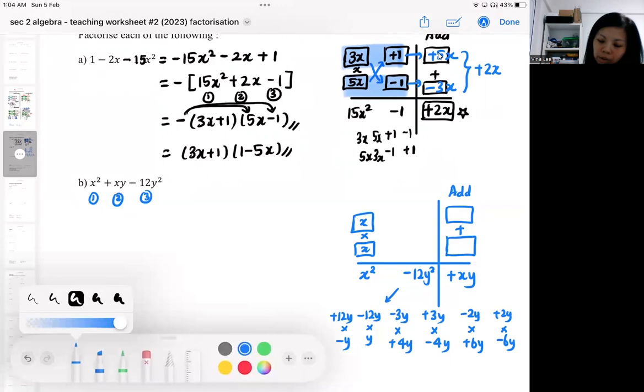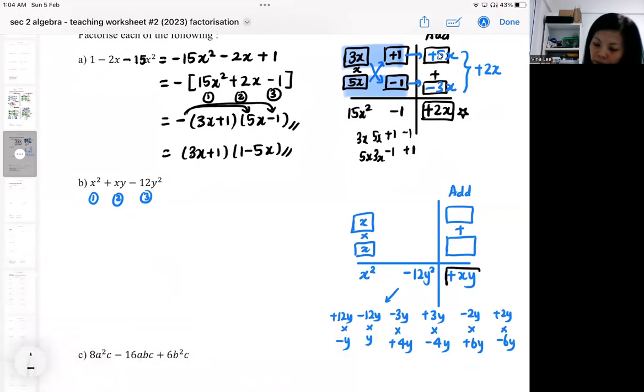So you choose in such a way that you will end up with xy. So in fact, I will just be isolating these two. I won't choose the big number. So in fact, I'll be choosing the positive 4y. And I'll be choosing the negative 3y.